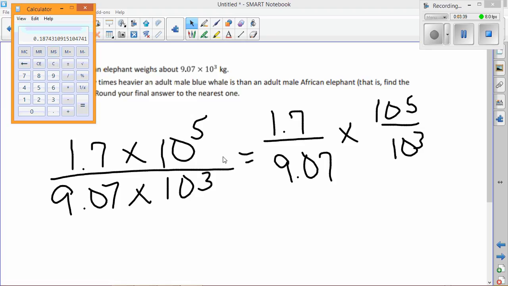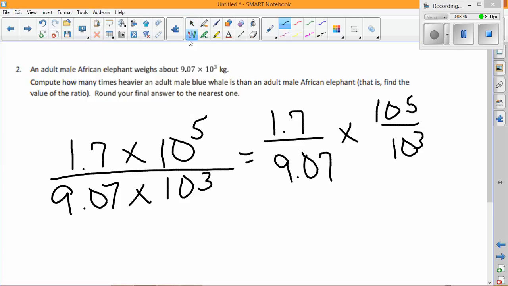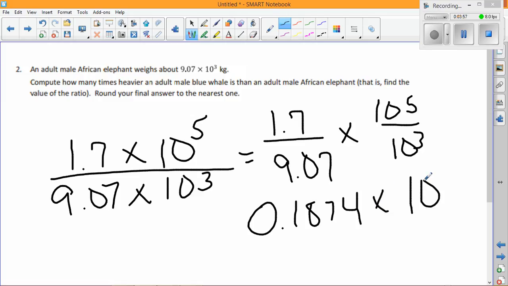So we'll go with 0.1874. And times 10, and then when we take 10 to the 5th and divide it by 10 to the 3rd, we get 10 squared.